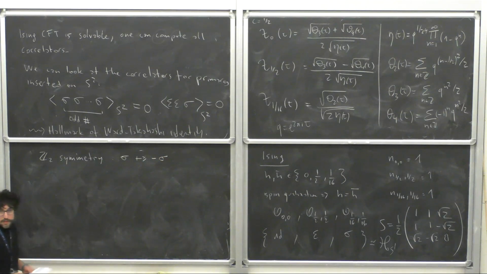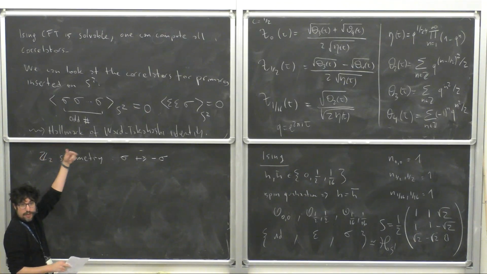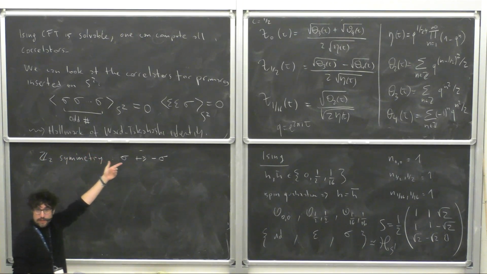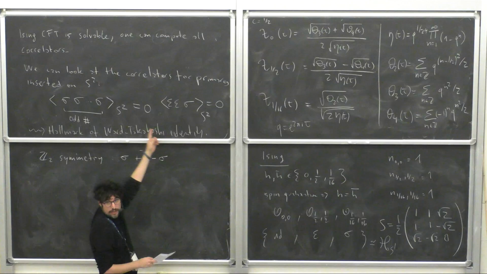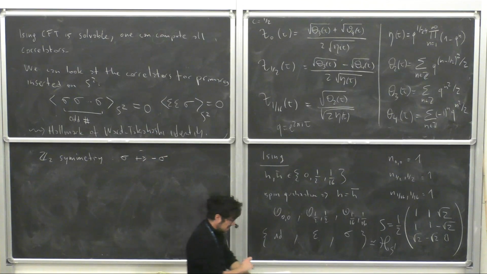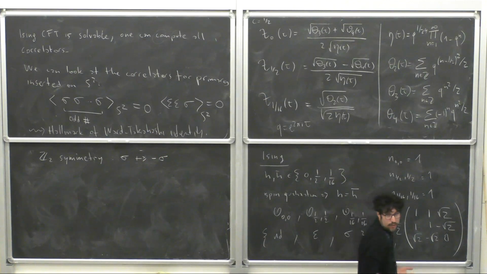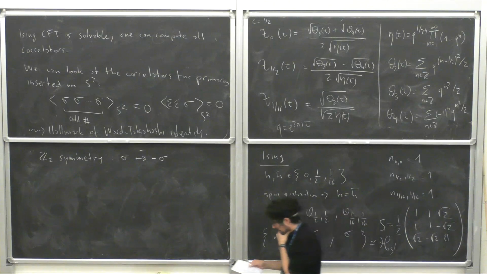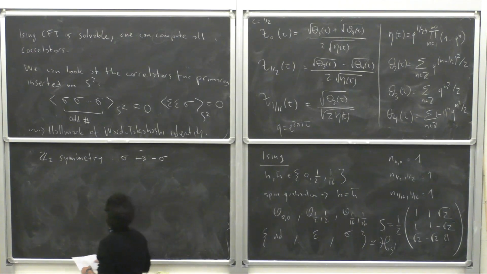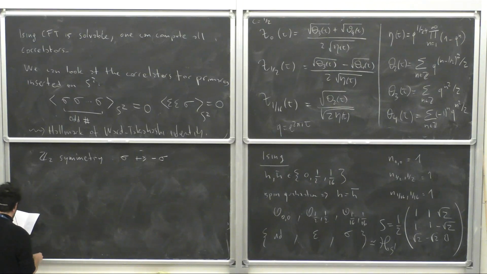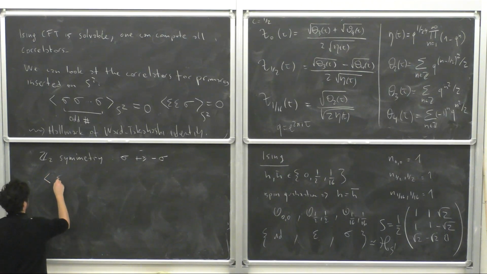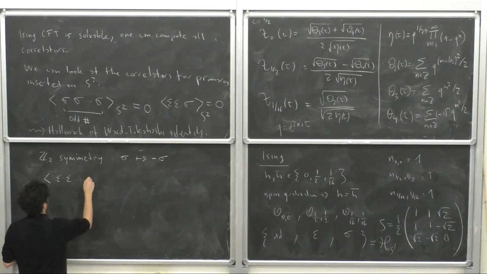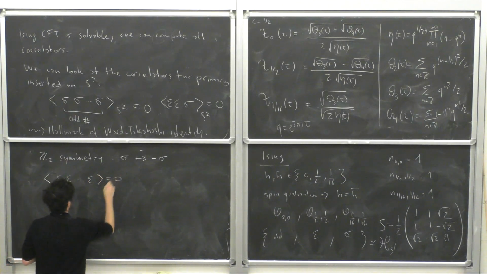If you impose this symmetry, whenever you have an odd number of sigma, you pick up a minus sign as a Ward identity, and so this forces these correlators to be 0. So this is something that we can take care of very easily. But since this is integrable and solvable, there are more Ward identities. In particular, there is a Ward identity that says that also an odd number of epsilon gives 0.